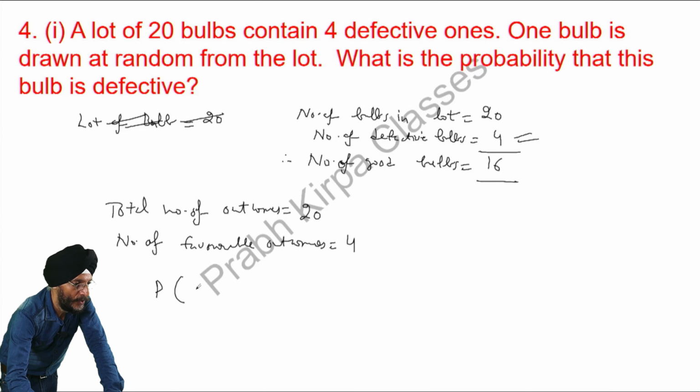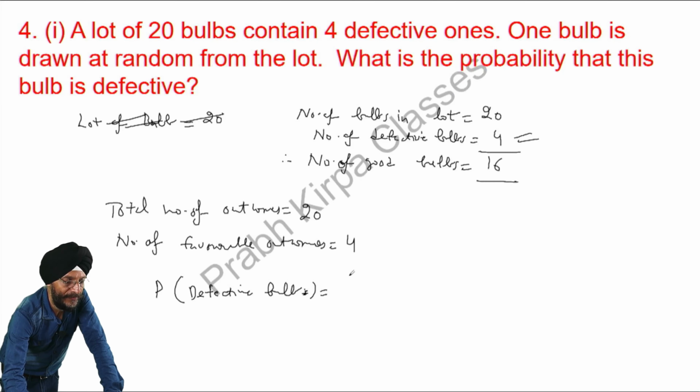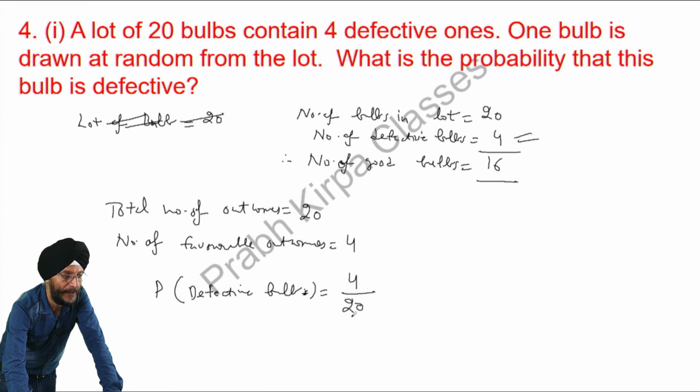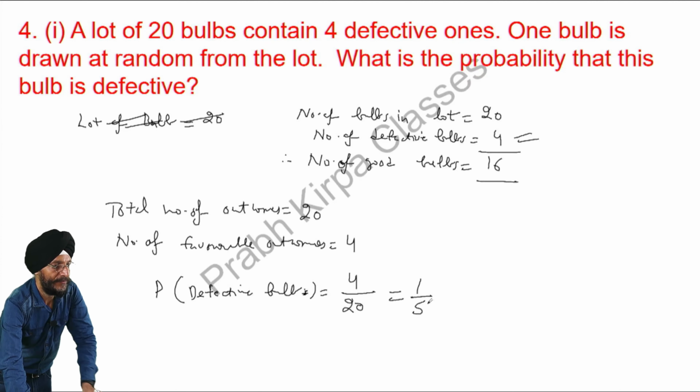So the probability of getting a defective bulb is the number of defective bulbs divided by the total number of bulbs, or number of favorable outcomes divided by total number of outcomes, and it is 1/5.